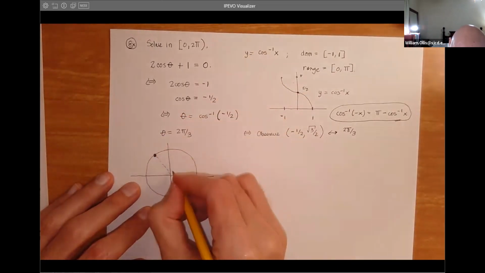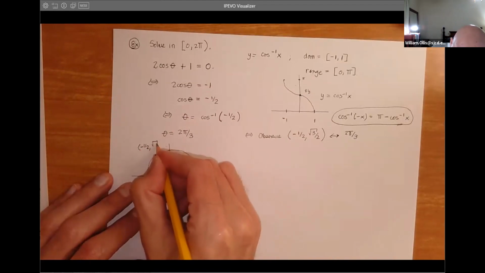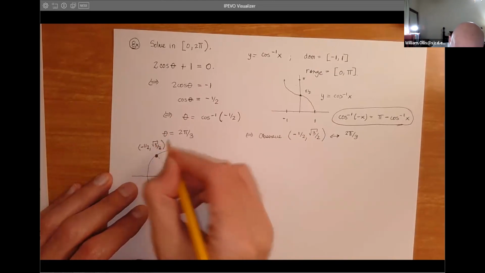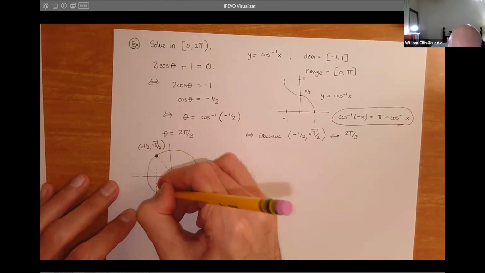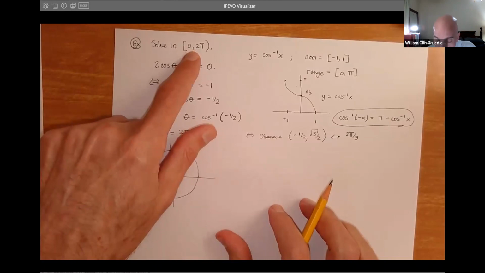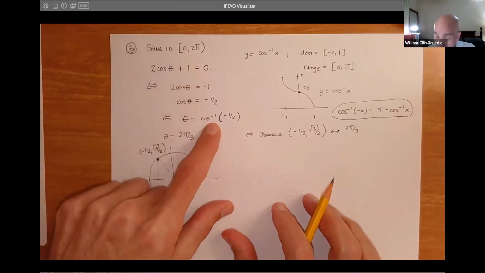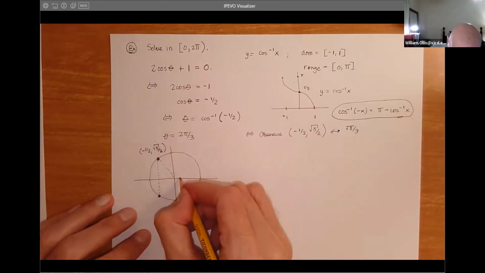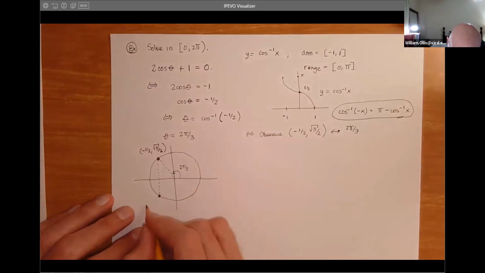This is 2 pi over 3. The point is negative 1/2, root 3 over 2. But symmetrically, there's another point on the unit circle that corresponds to a value in this range that also makes this true.